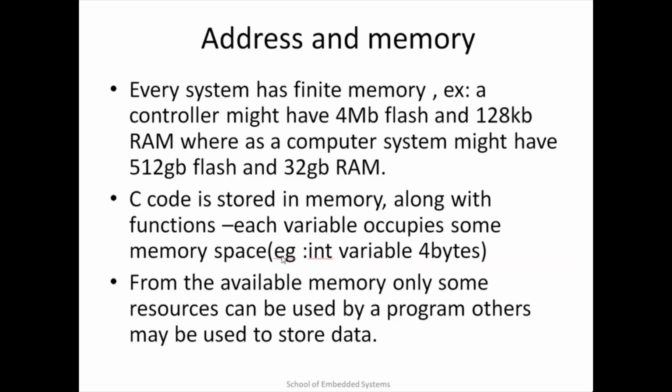You can go and search for how memories store data. Every controller and every computer processor comes with memory, and the code gets executed from this memory. The CPU takes instructions from this memory and executes them. That's why understanding memory in the context of a C program becomes important.